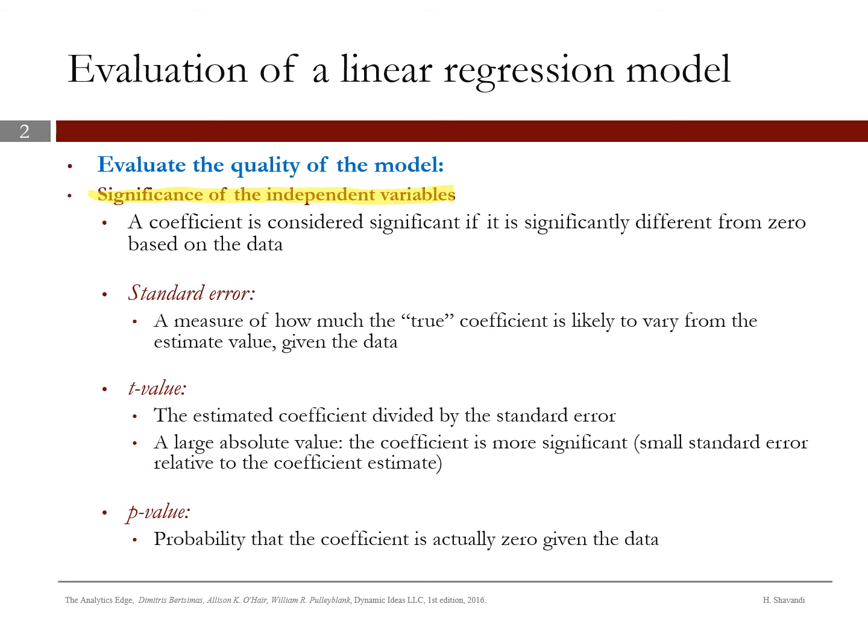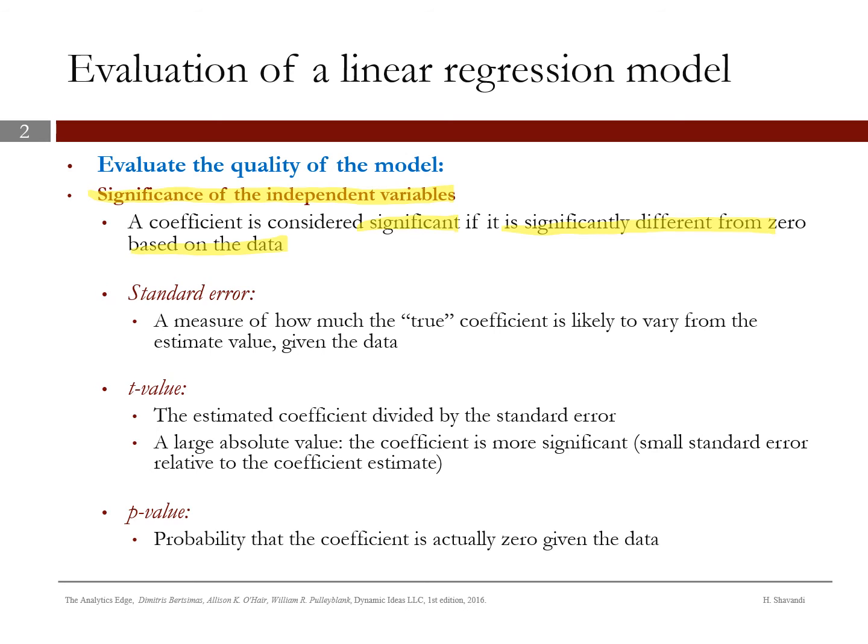Maybe some of them are not impacting the change of the dependent variable. So a coefficient is considered significant if it is significantly different from 0 based on the data. So if we see some of the coefficients are so close to 0, that means those independent variables are not significant enough, so we can remove them from our model, right?